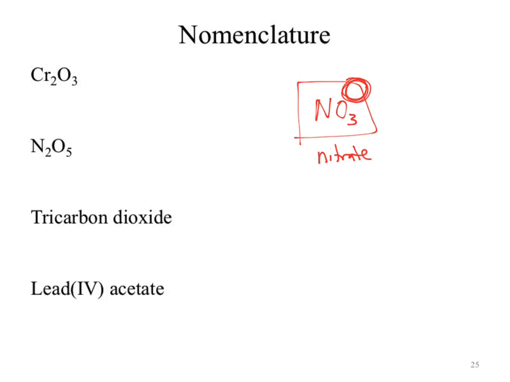For it to be nitrate, it must be charged. So nitrate is wrong in that case. It becomes nitrogen trioxide. Be very, very careful that you watch out for that charge. It can bite you. It would be nitrate if it had a -1 charge written in the upper right-hand corner.